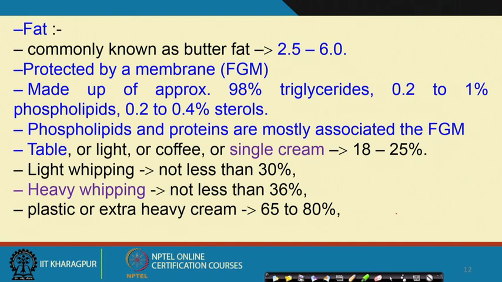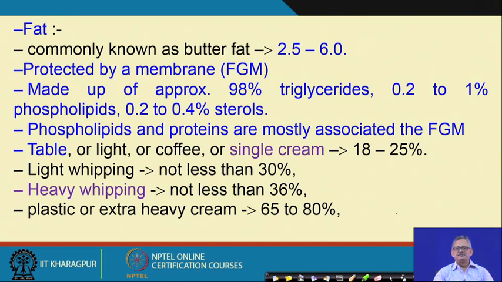This fat is protected by a membrane called the fat globule membrane, or FGM, right. Generally, milk fat is made of around 98% triglycerides, 0.2 to 1% phospholipids and 0.2 to 0.4% sterols, right.